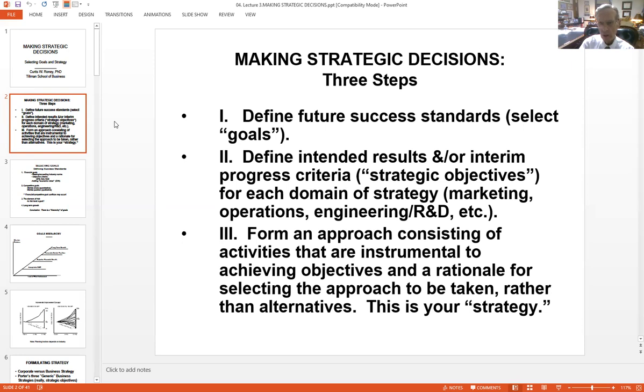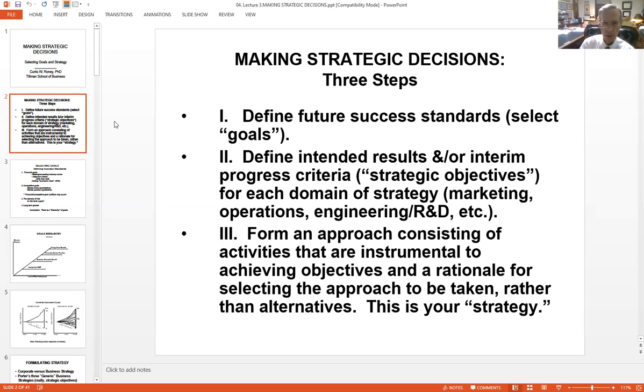In order to develop that approach, we first have to define the intended results or outcomes or progress criteria for strategies as clusters of activity, goal-seeking activity. And so these are the intended objectives of strategy or strategic objectives.